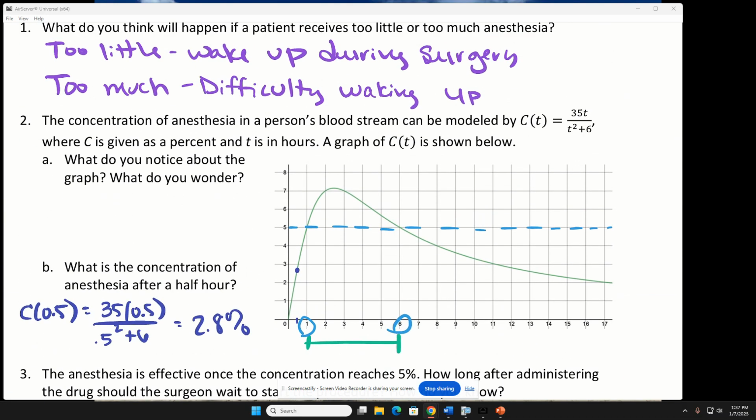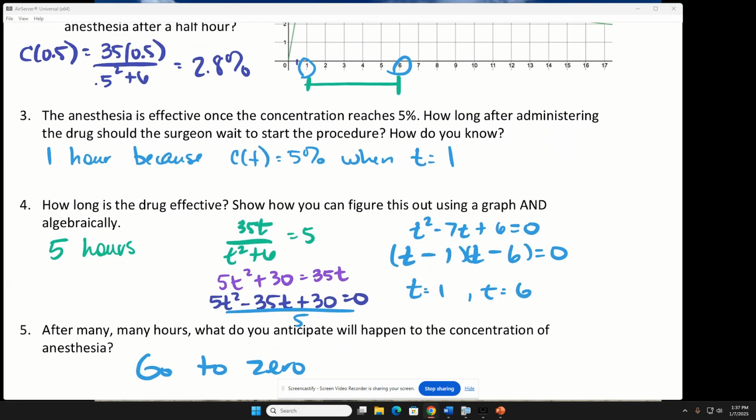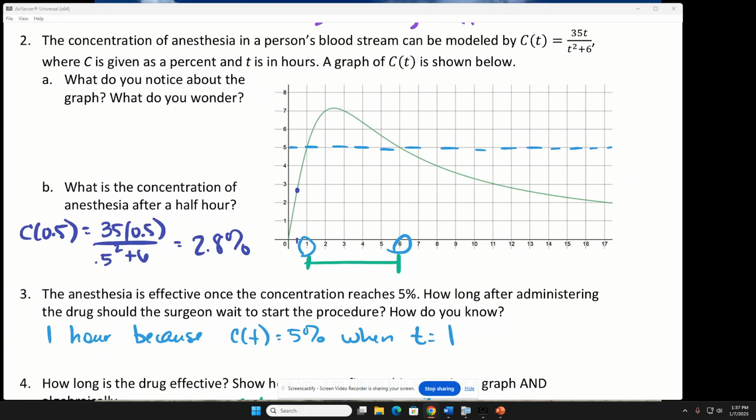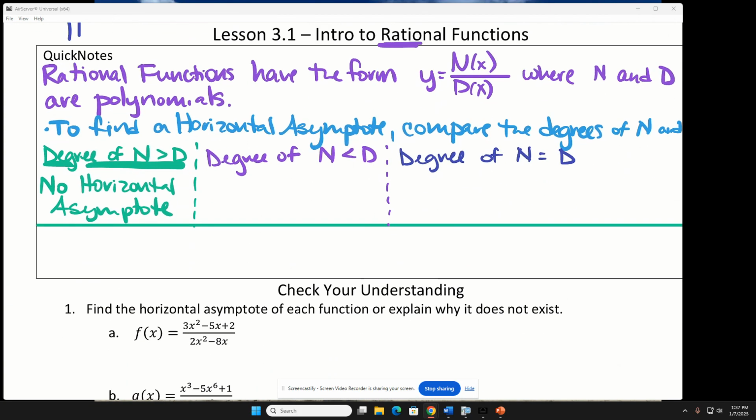Okay, so the degree of the numerator here was 1, and the degree of the denominator is 2. So numerator is less than the denominator. You can't really tell from the graph where it levels off, but we know that after many, many hours, it goes to 0. That's where it levels off. So when that happens, then y equals 0 is the horizontal asymptote.